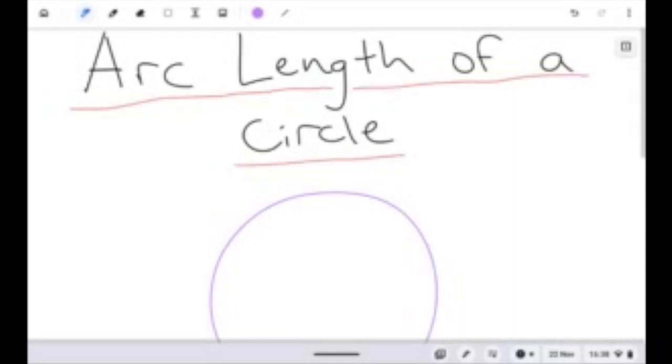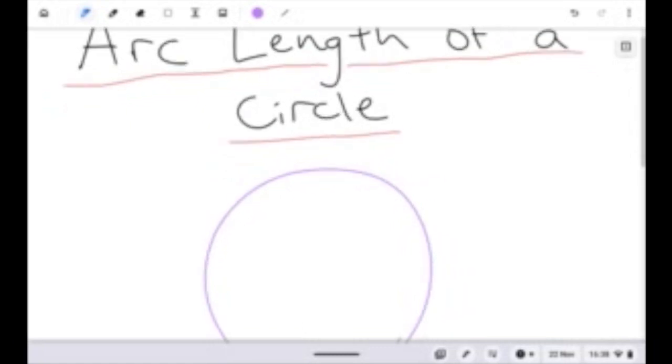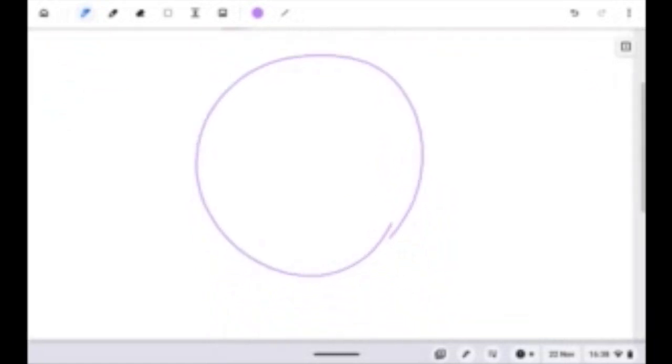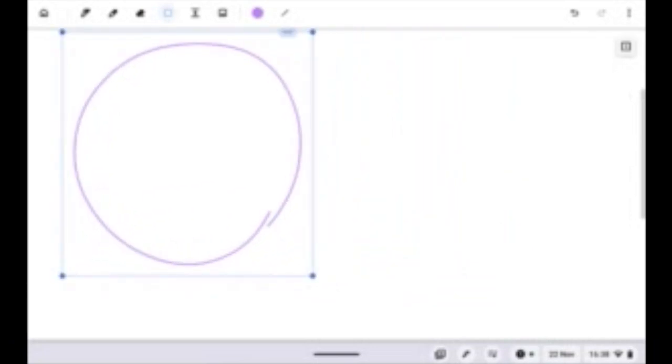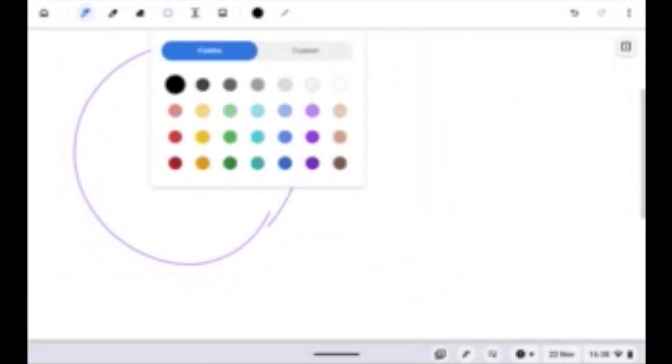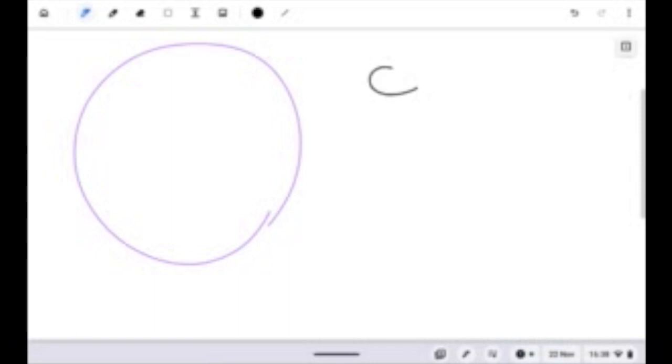Hey guys. So in a previous video, we talked about finding the circumference of a circle, and we talked about this at length. A big thing we came to the conclusion of was that a circumference, our length around the circle, is important to define.